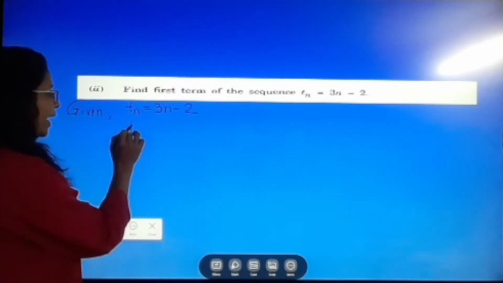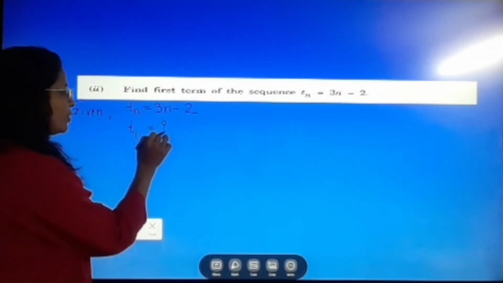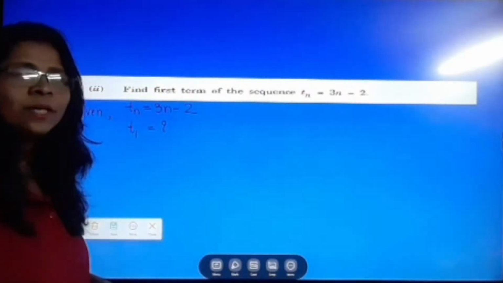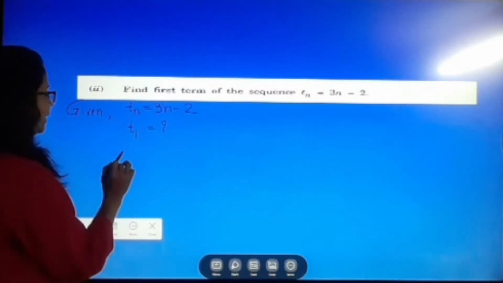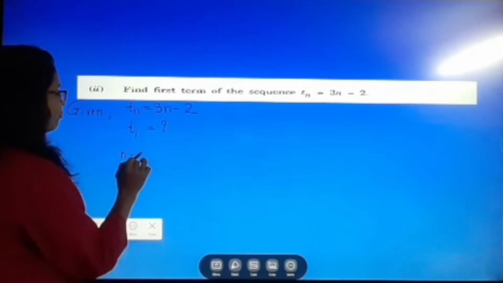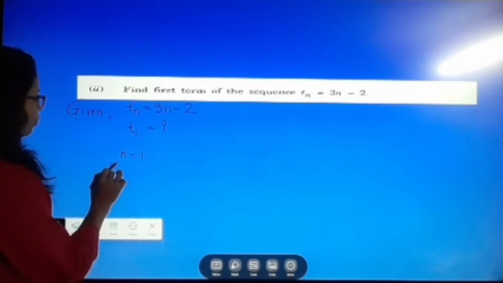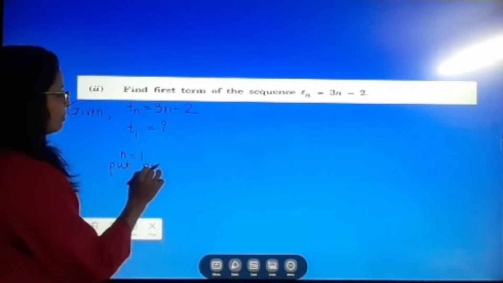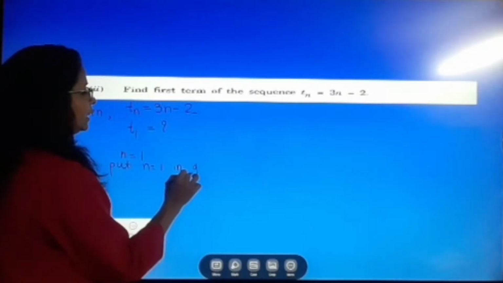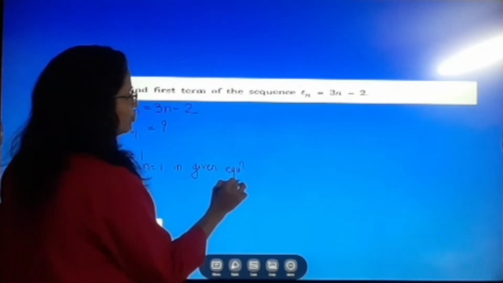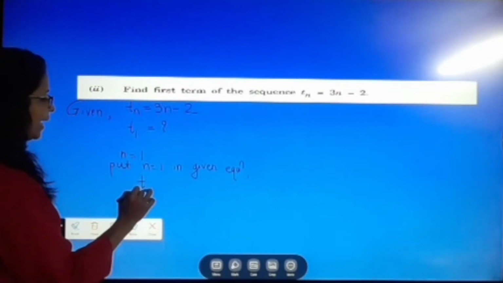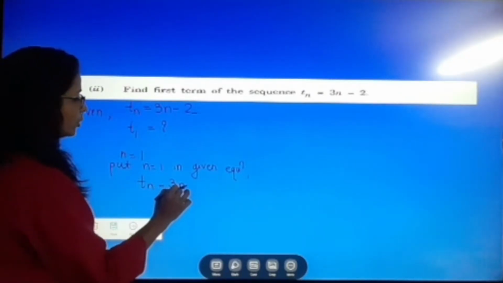So here t1 is equal to question mark. Okay students, so calculate it. For that purpose I write down that n is equal to 1. So put n is equal to 1 in the given equation, tn is equal to 3n minus 2.